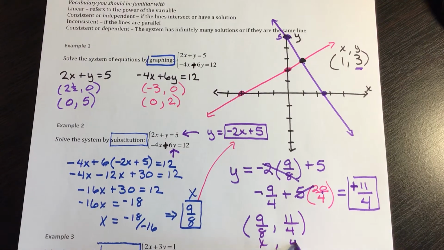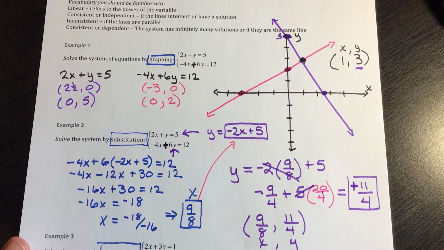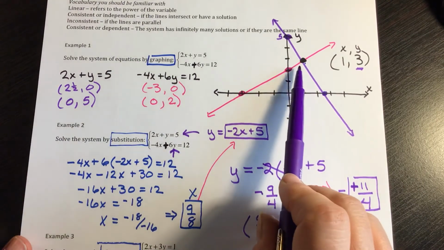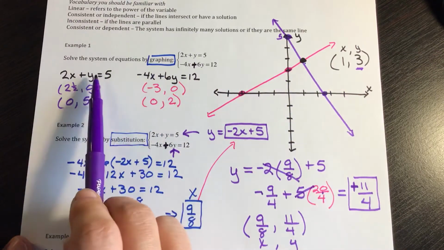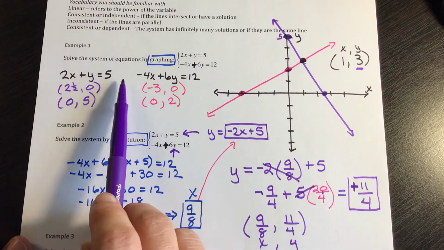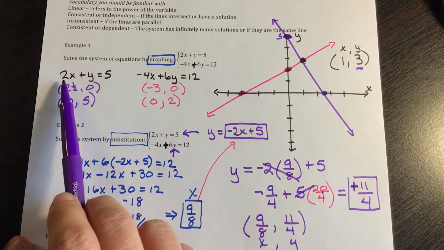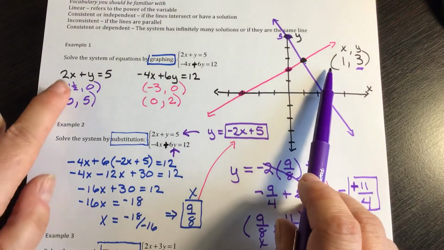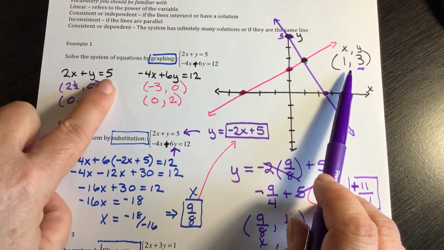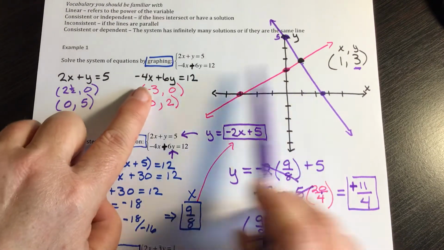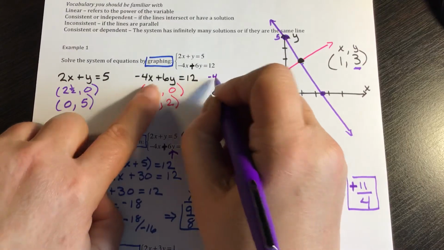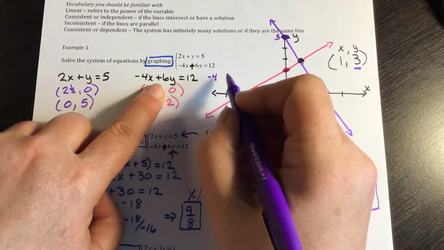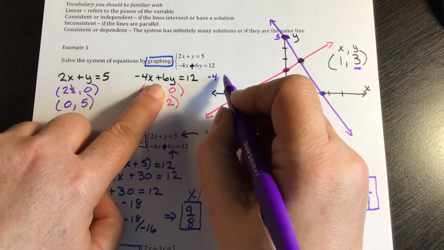Technically up here, if I were to check these values, they would not make a true sentence. 2 times 1 is 2, plus 3 is 5, that works, but negative 4 times 1 is negative 4, plus 6 times 3 is 18.